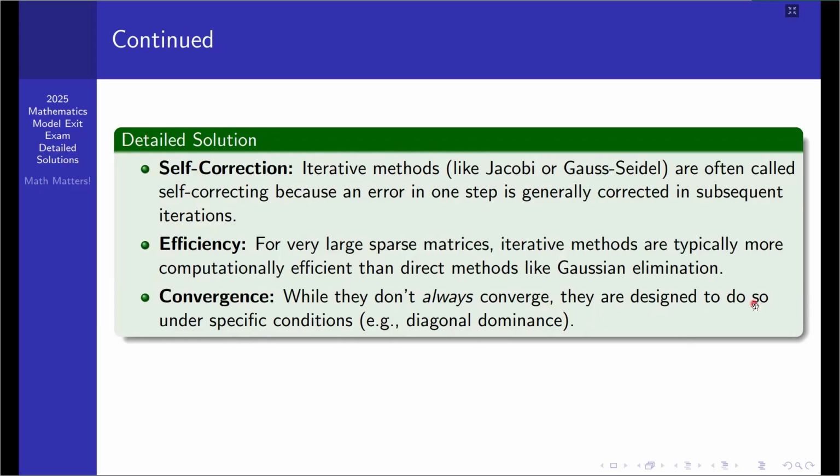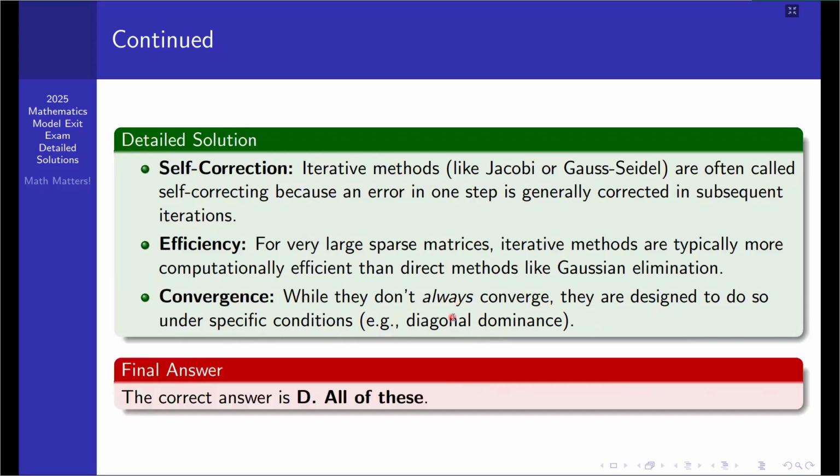They are designed to converge under specific conditions, namely diagonal dominance: the coefficient matrix of the given system of linear equations being diagonally dominant is a sufficient condition for the iterative method to converge to the exact solution. Therefore, the answer for this one could be all of the above.